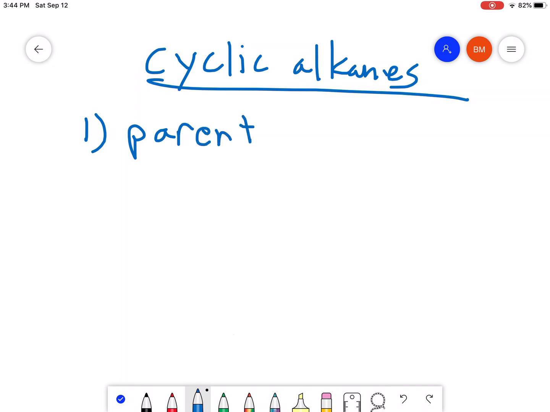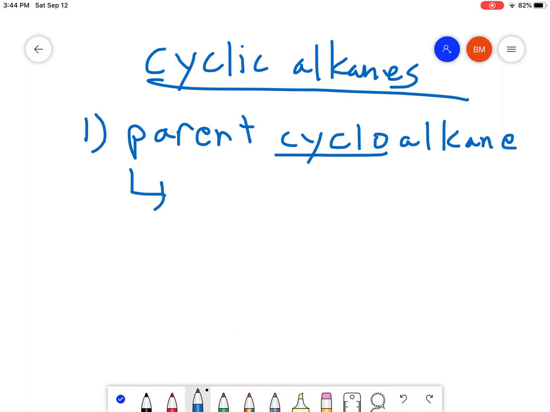But in this case, we don't call it a parent alkane. We call it a parent cycloalkane. And we actually use this group, cyclo, as a prefix. To name your parent here, what you do is you add the prefix cyclo plus the name of the alkane.